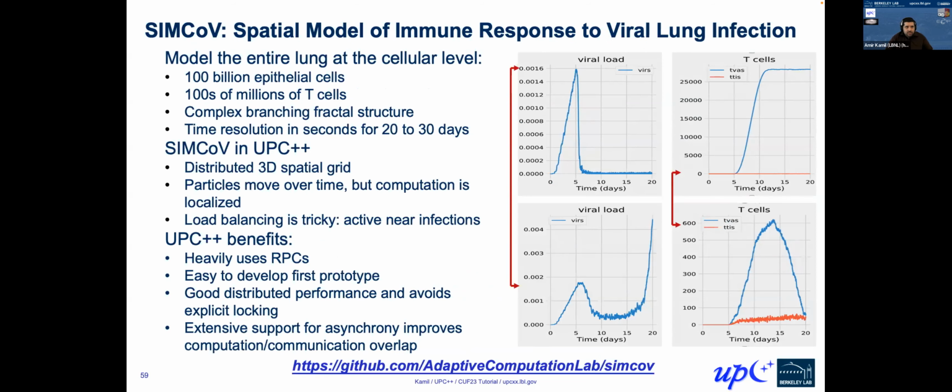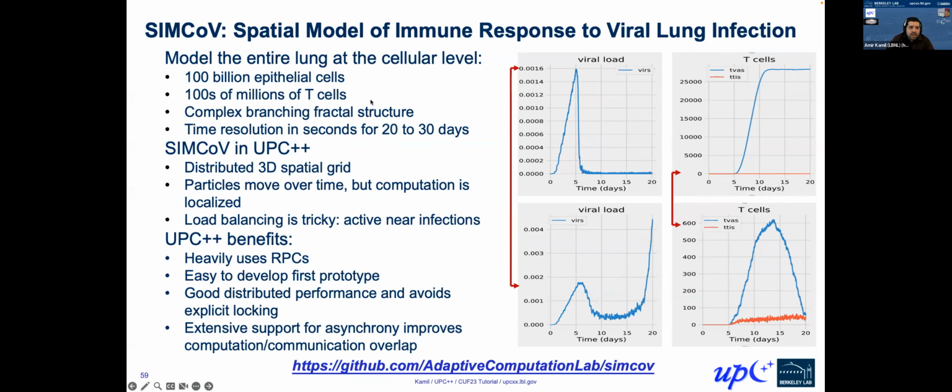Another example that I mentioned, SymCov, is modeling immune response to COVID-19 infection. This models the infection of the lungs with COVID-19, and specifically it's modeling the T cell response, as opposed to the antibody response.